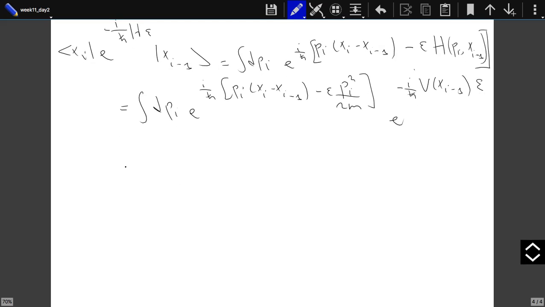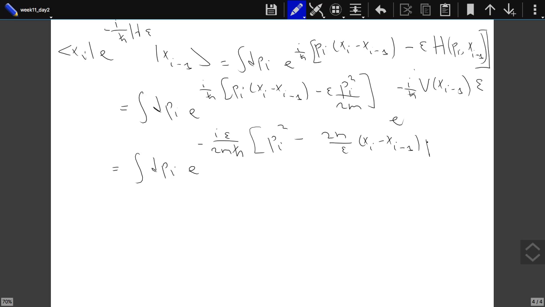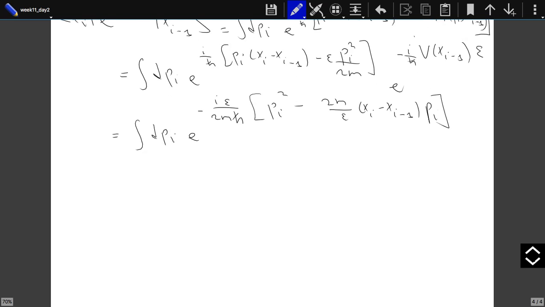So this becomes dpi e to the power minus i epsilon over 2m h bar, pi squared minus 2m over epsilon, xi minus 1 times pi. This we can just complete to squares, and then it just becomes the Gaussian integral. So that becomes the square root of 2m pi h bar over i epsilon. That is the result of the Gaussian integral.